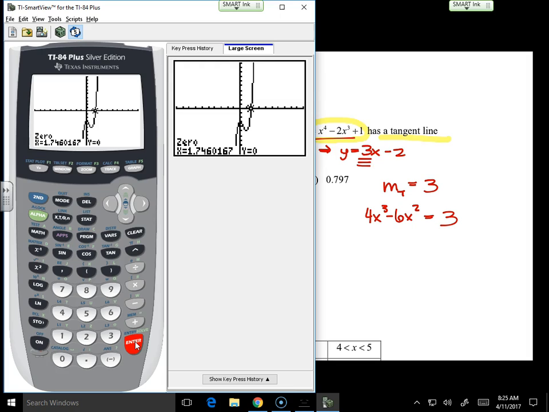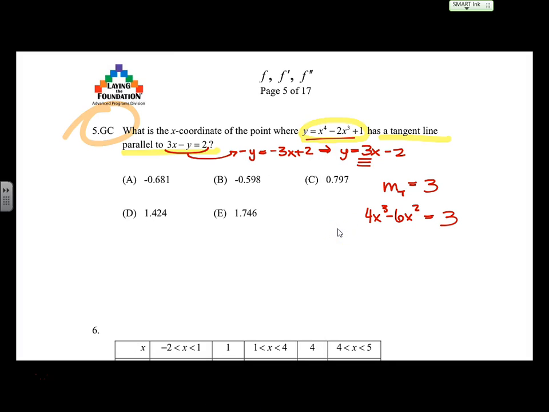I want to take time because one of the big purposes of using a graphing calculator, where they're going to require you to be able to use it, is solving equations using your graphing. So either way we do it, I'm going to do 1.746.